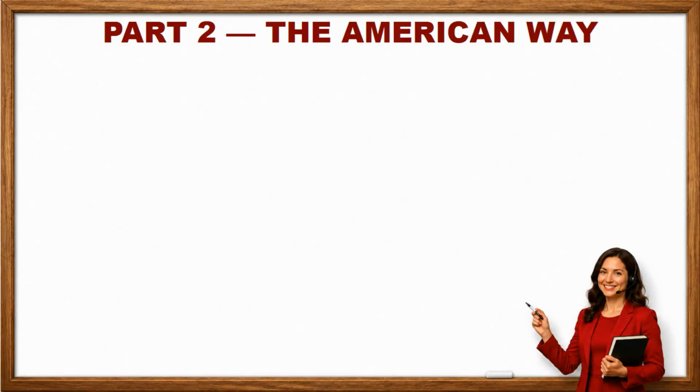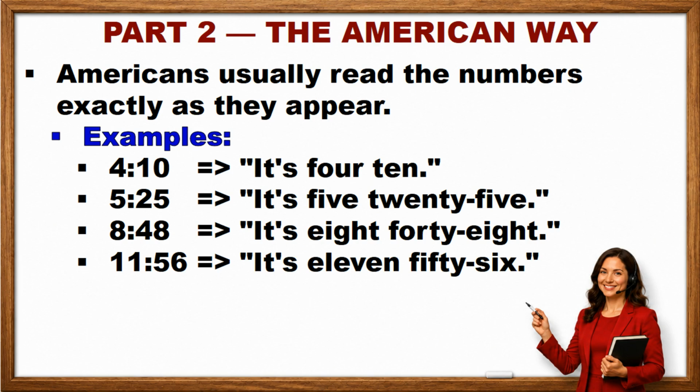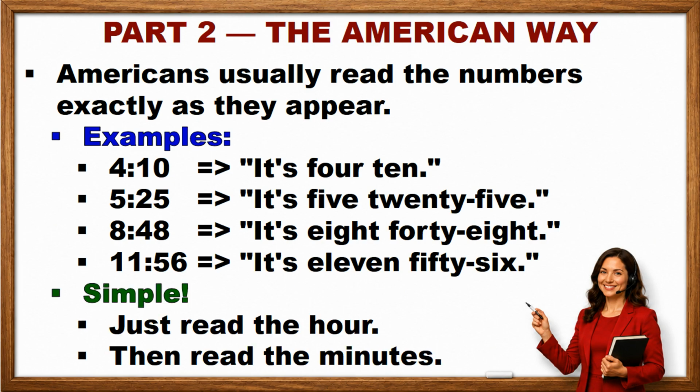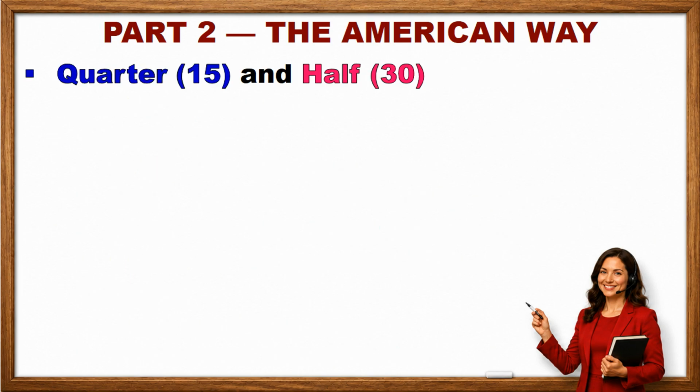Part 2. The American way. Americans usually read the numbers exactly as they appear. Examples. 4:10. It's 4:10. 5:25. It's 5:25. 8:48. It's 8:48. 11:56. It's 11:56. Simple. Americans love digital time. Just read the hour. Then read the minutes. Quarter and half.